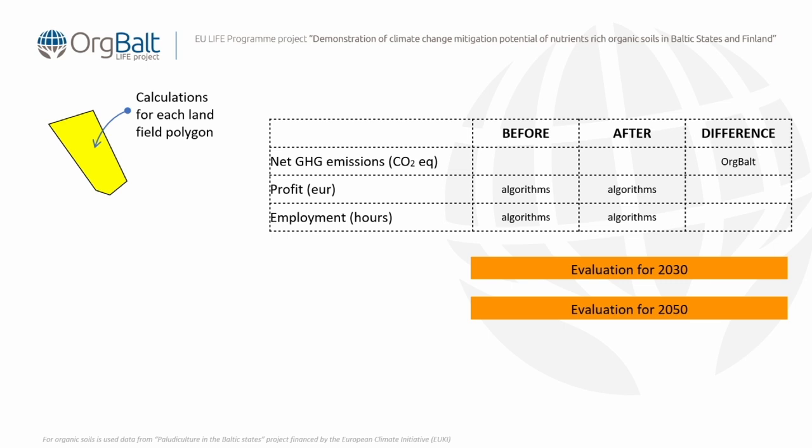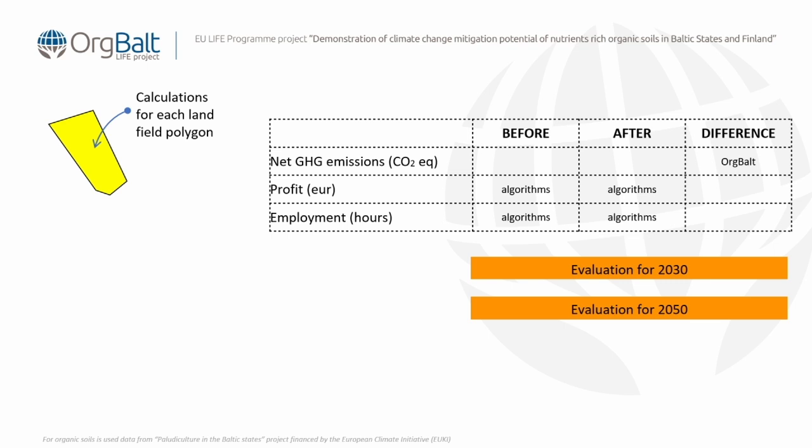For greenhouse gas emissions, profit and employment, we used calculations before implementation of the measure, after implementation of the measure, or difference. For greenhouse gas emissions, we just took information which was prepared in the other work packages and already presented here.